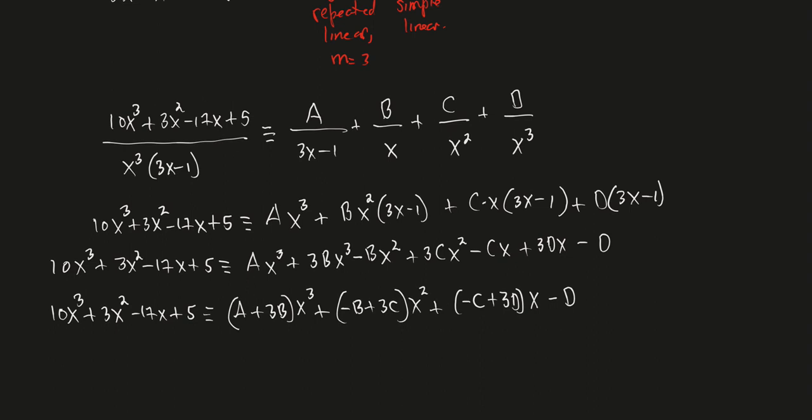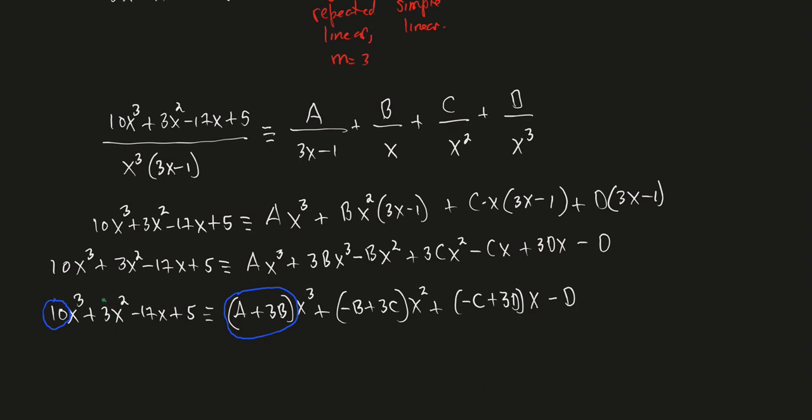So now what do we match up? Well, the coefficient of x cubed on the left-hand side is 10, which means it has to be equal to the coefficient of x cubed on the right-hand side. So that a plus 3b has to be equal to 10. What about the x squared?